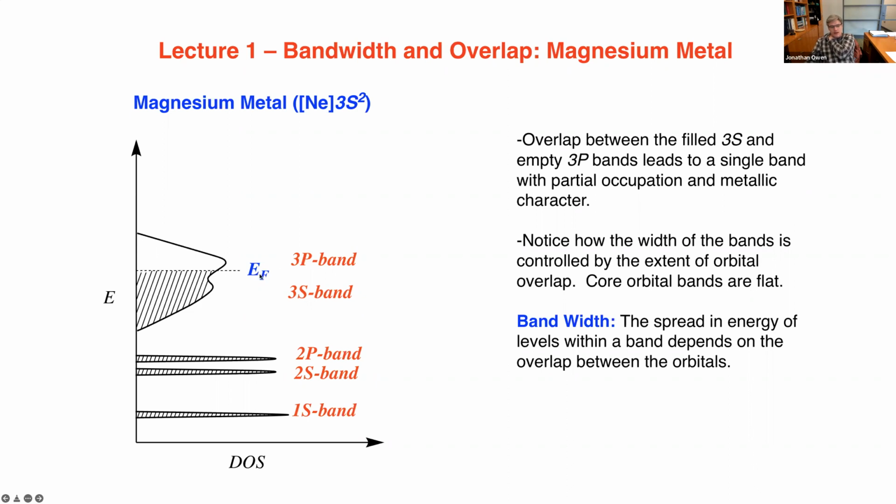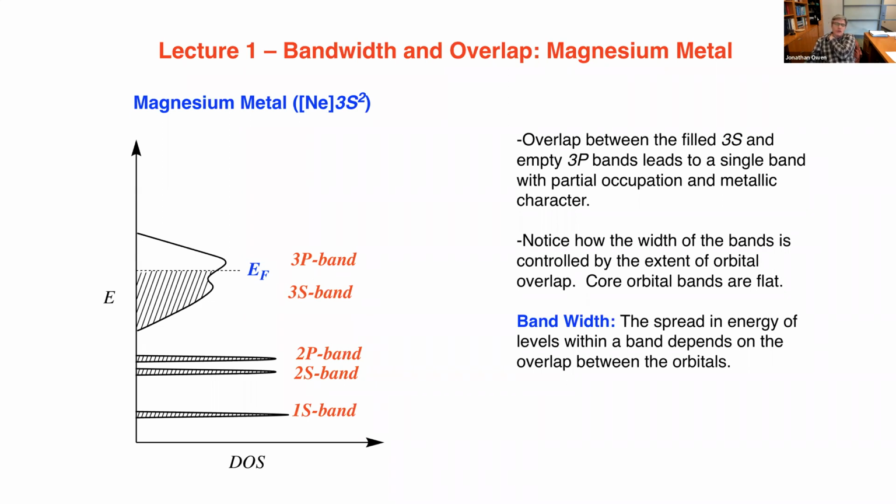And the Fermi energy that's diagrammed, labeled here EF, falls in the middle of this 3s and 3p band that are overlapping. Okay, and that's what makes magnesium a metal rather than a semiconductor or something else, because those two levels overlap.